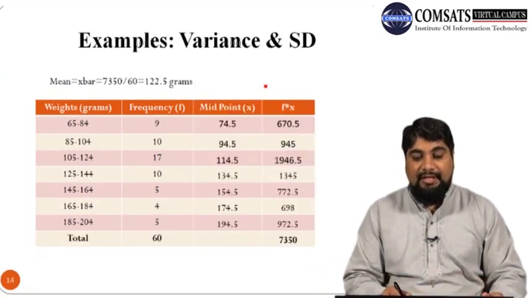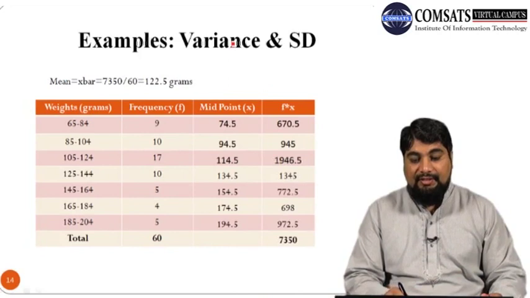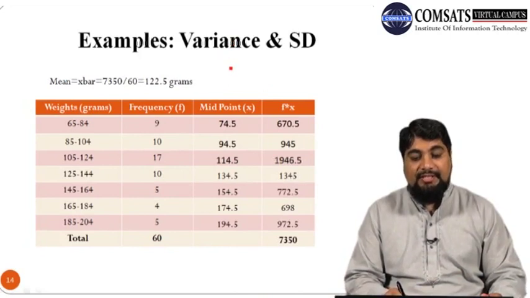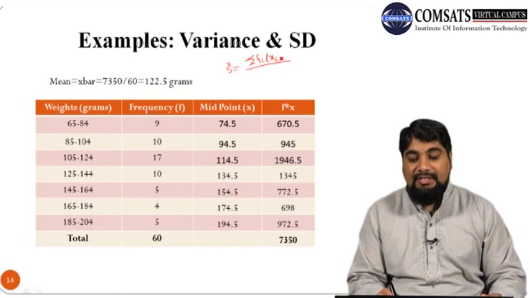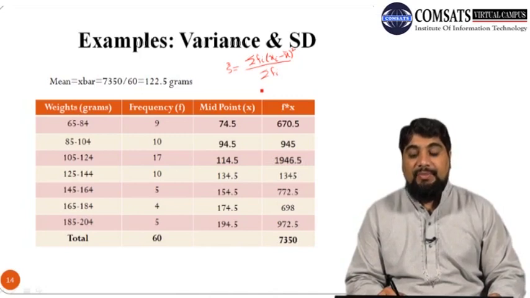So in order to calculate the variance, note that in case of grouped data, it is summation fi into (xi minus x bar) whole square over summation fi, where i ranges from 1 to n.